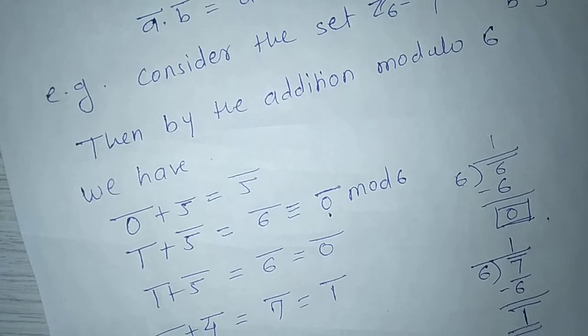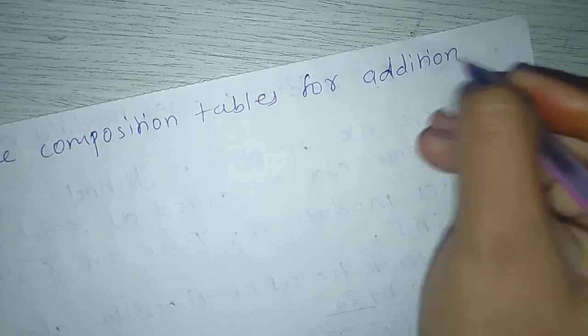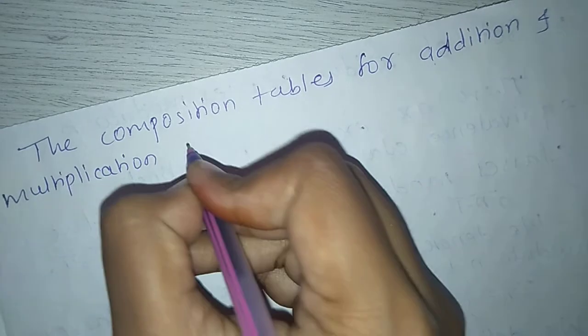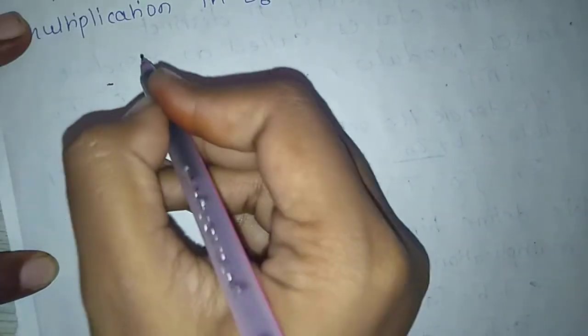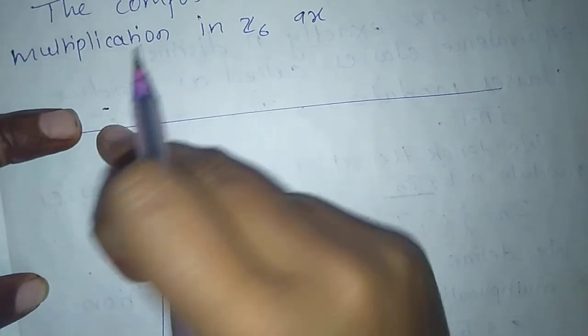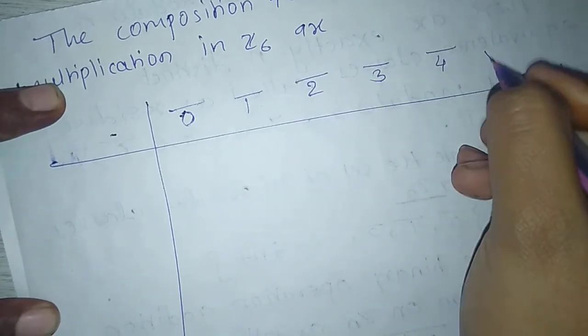Now the composition table for addition and multiplication in Z6 are: first, write the numbers of the set Z6 row wise, similarly column wise: 0 bar, 1 bar, 2 bar, 3 bar, 4 bar, 5 bar.